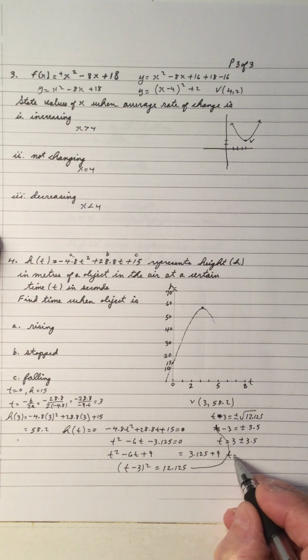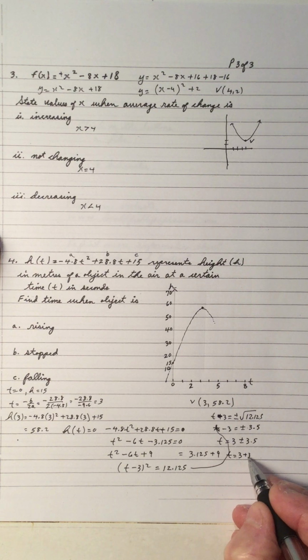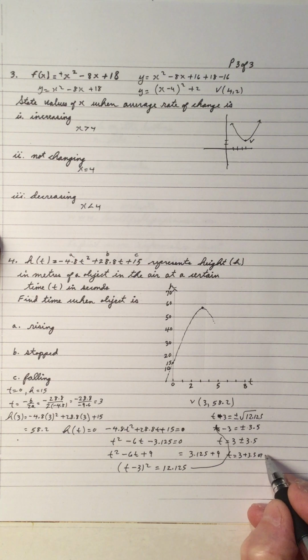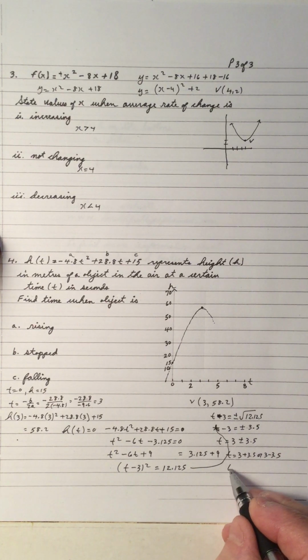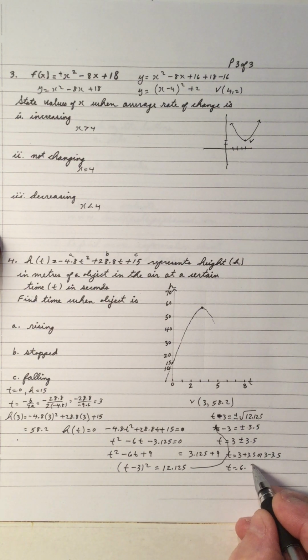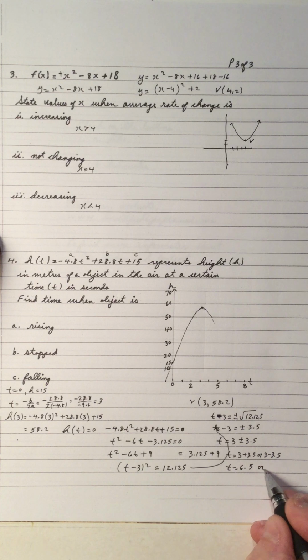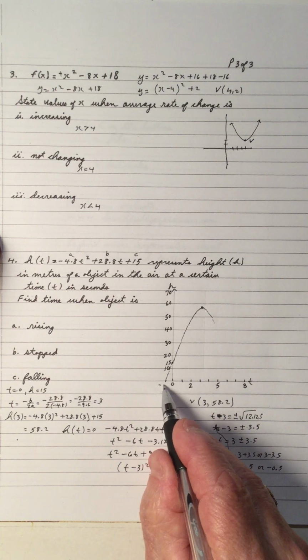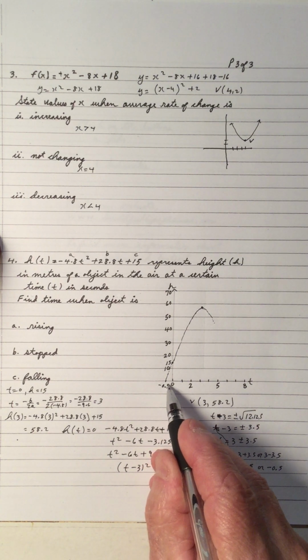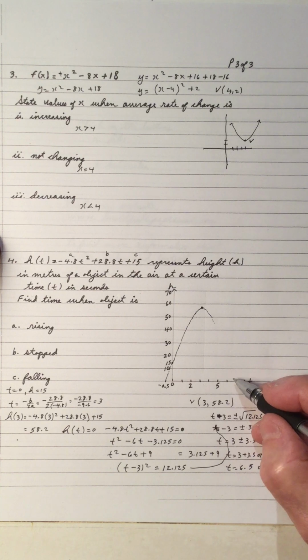So t is equal to 3 plus 3.5 or 3 minus 3.5. So that means t is equal to 6.5 or negative 0.5. So this is the negative 0.5 here, and this one over here is 6.5.